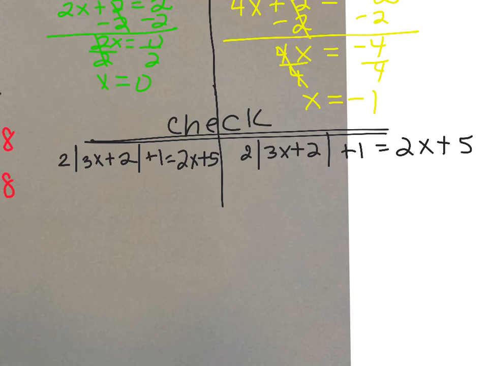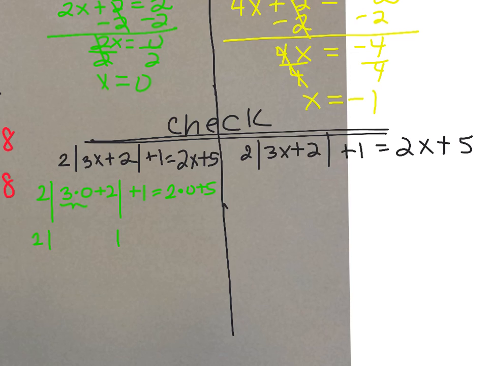All right, so let's see here. We have 2, the absolute value of 3 times x, which is 0, plus 2, plus 1, now I'm on the outside of the absolute value, equals 2 times 0 plus 5. Do what's inside the absolute value first.